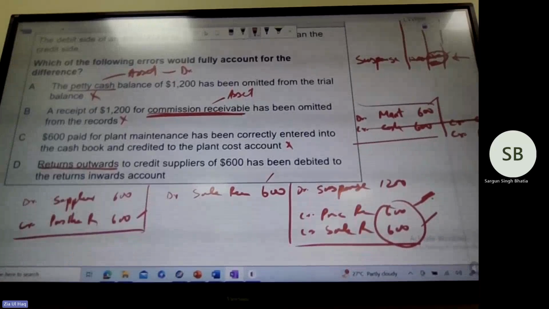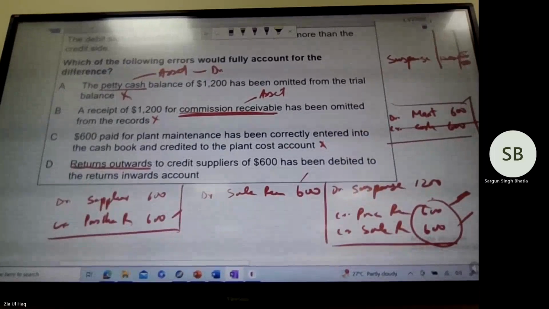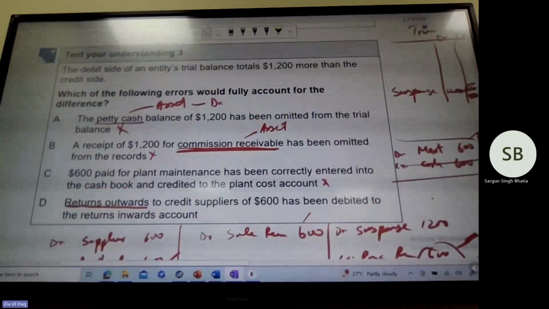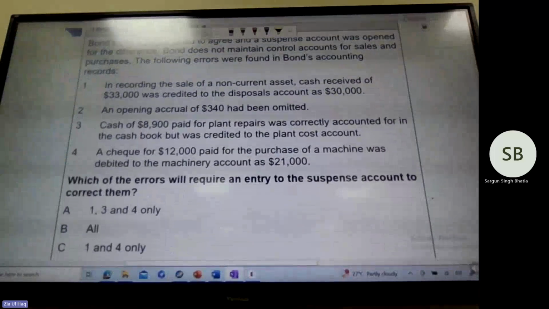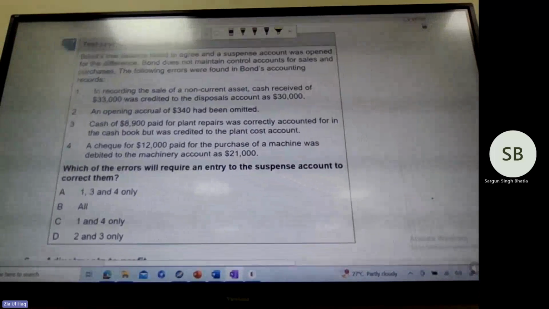So by passing this entry, we can eliminate the suspense account. Both debit and credit sides of the trial balance will be equal. So this was a little bit tricky question. Moving forward, test your understanding 4.